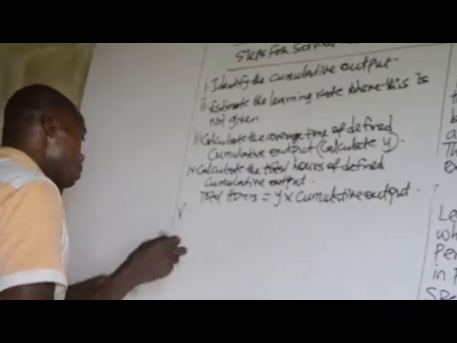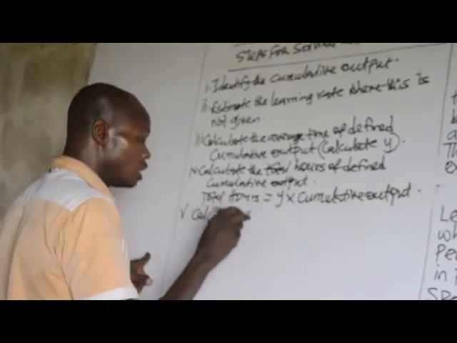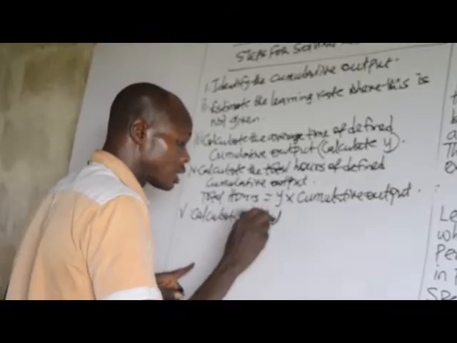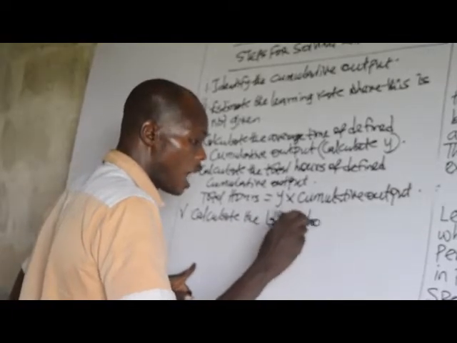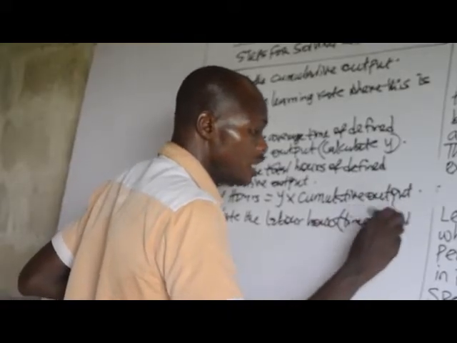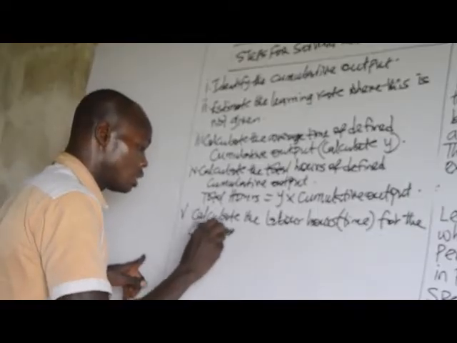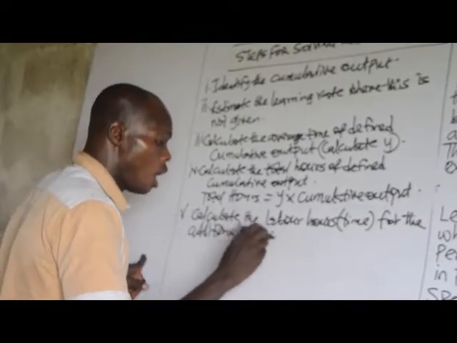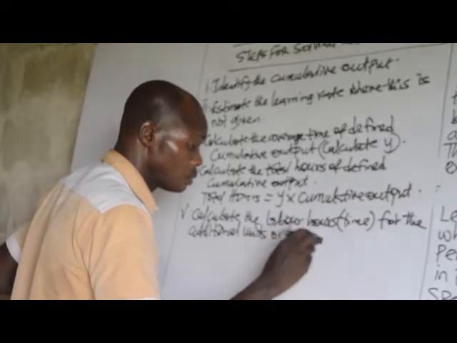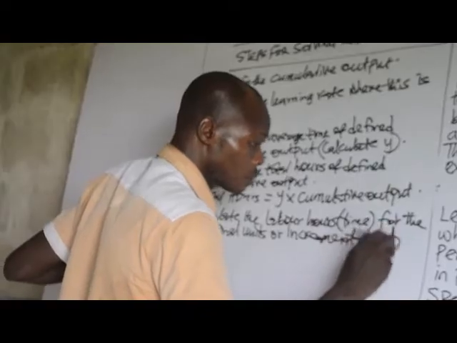Then the last step, step 5, is to determine the time for the additional units. Calculate the labor hours or time for the additional units or incremental output.